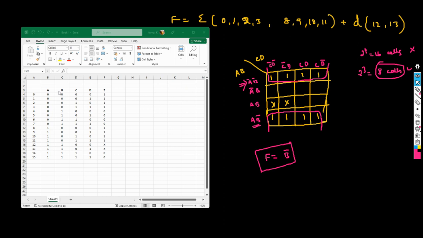Otherwise, you don't need to worry about the don't cares. Okay, so if it would have been helping me to group with something which is getting missed, then I can consider. Otherwise, I leave it. Exactly.